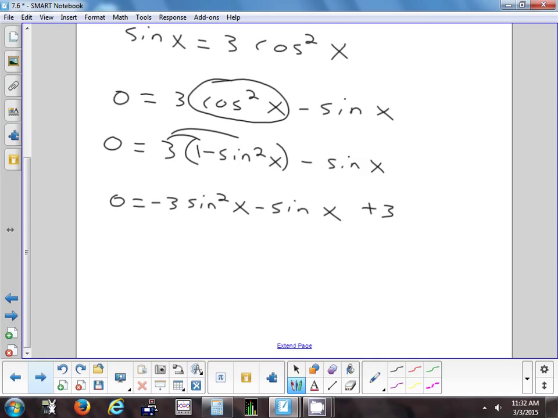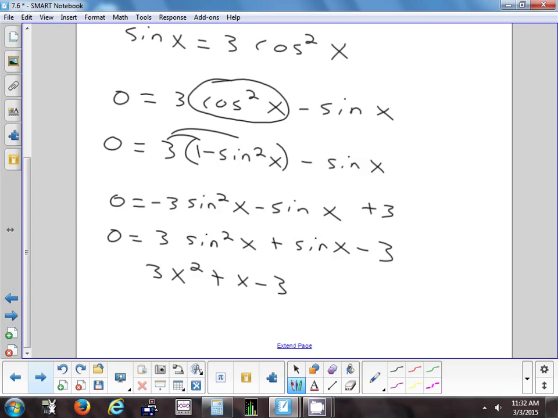Okay, again, I want to undo that, get rid of that negative. So divide everything by negative 1. And we're basically trying to factor this. 3x squared plus x minus 3.